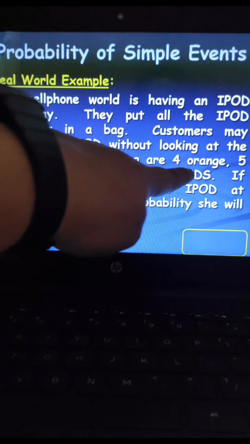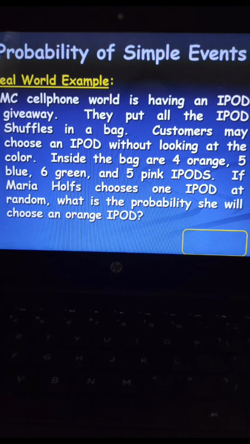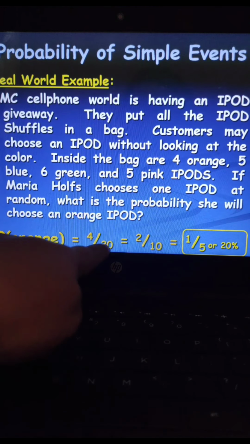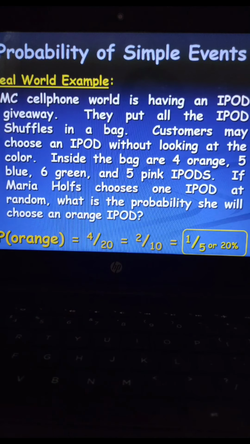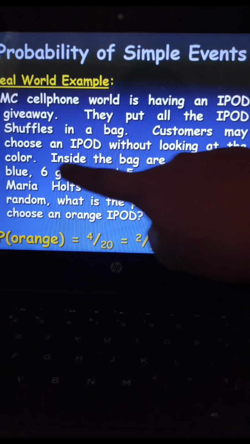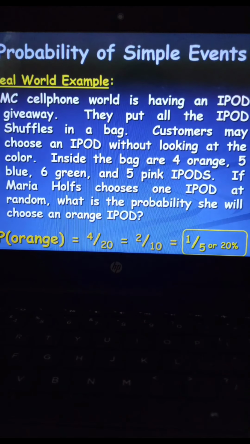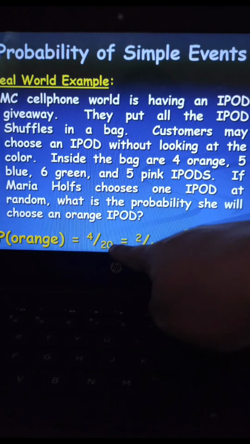There are 4 orange iPods. The possible outcomes, or total, are 4 plus 5 plus 6 plus 5, which is 20.